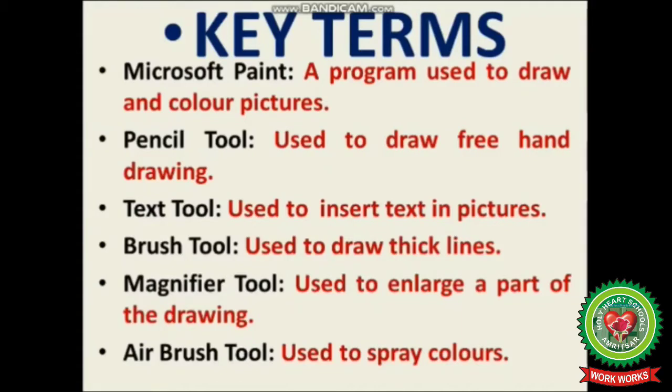Next is text tool, used to insert text in pictures. Brush tool, used to draw thick lines. Magnifier tool, used to enlarge a part of the drawing. Airbrush tool, used to spray colors. Now let's start with the first topic.